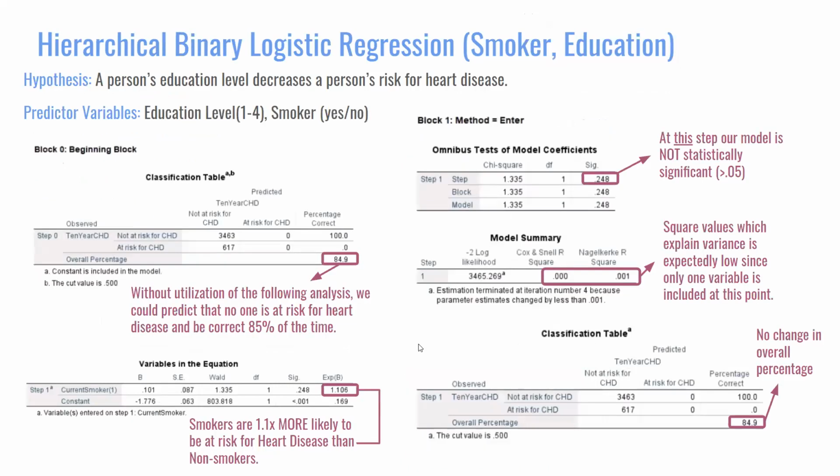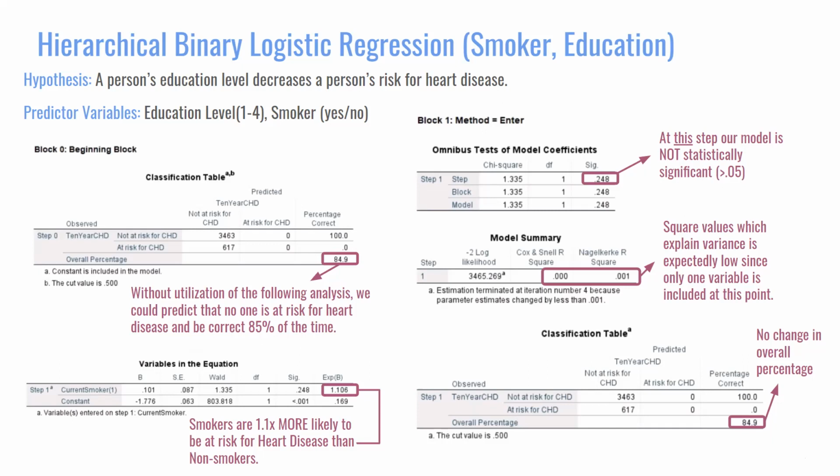All right. So the first hierarchical binary logistic regression was for smoker and education. My hypothesis, and I use the word loosely, is just what I thought: a person's education level decreases a person's risk for heart disease.